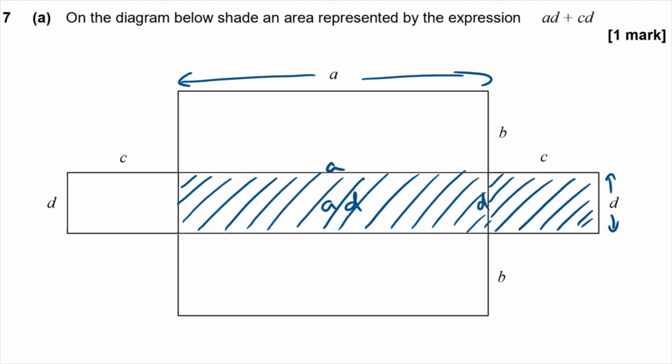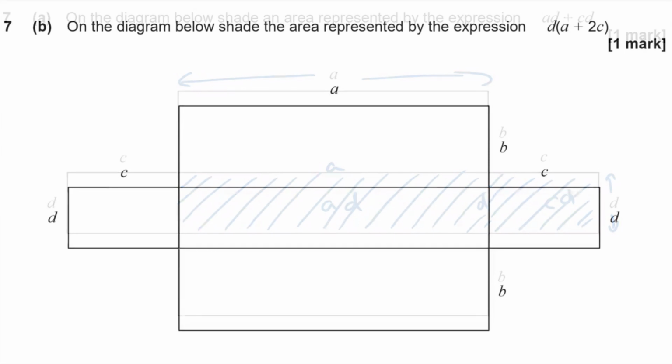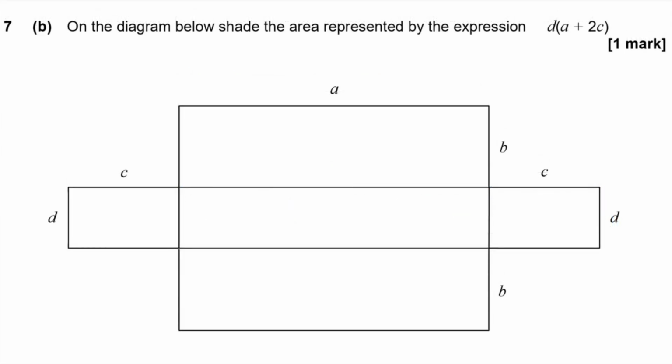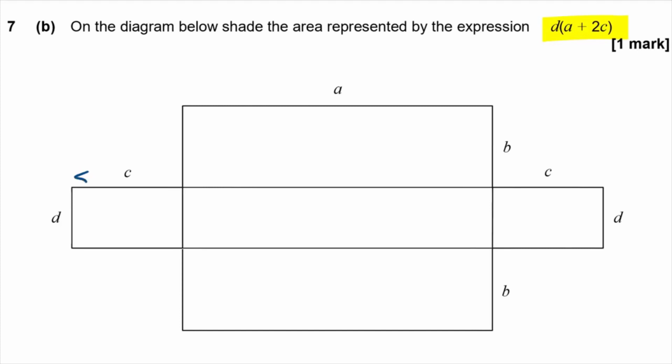I'm going to pick that one. That one there is CD. So between them, that is the area AD plus CD. Well, the next diagram, we need to show the area represented by D times a plus 2c. Now, a plus 2c is, well, here's c, and here's c as well, and in between is a.